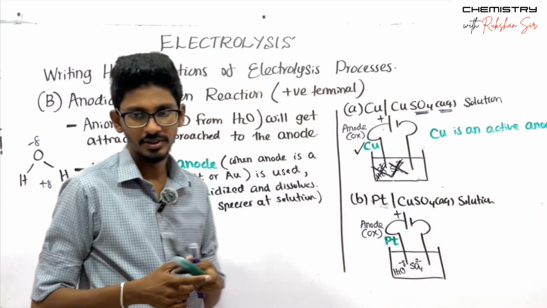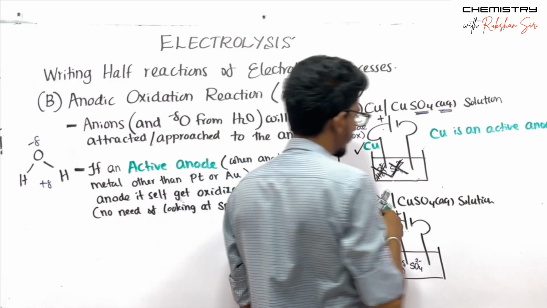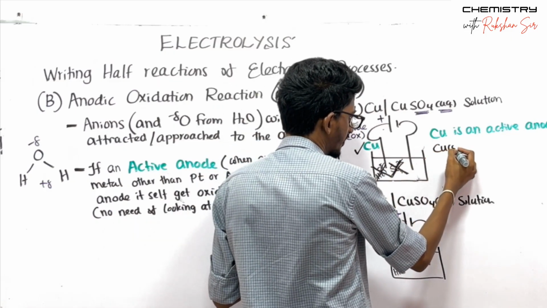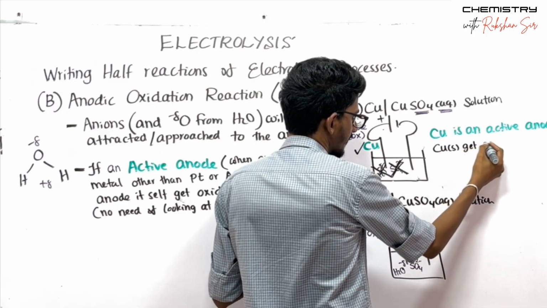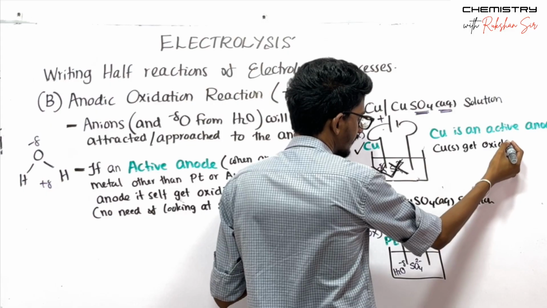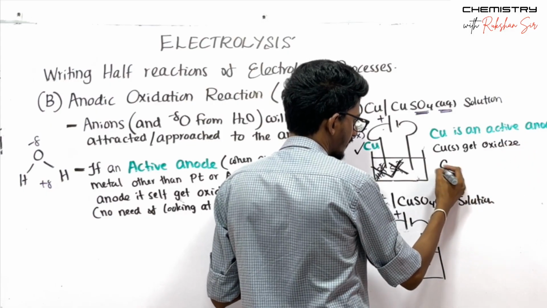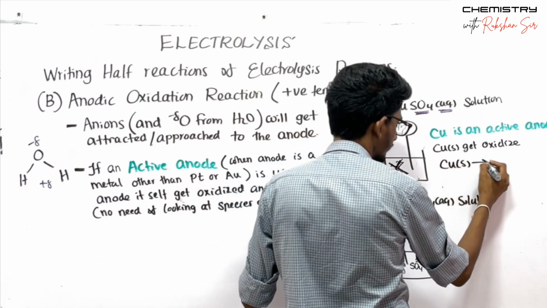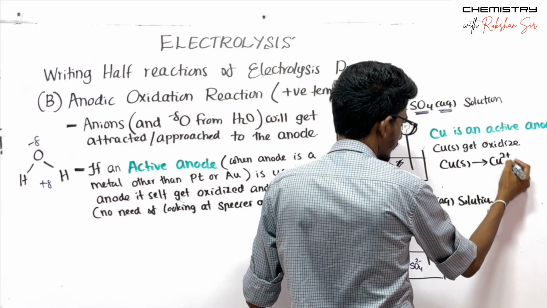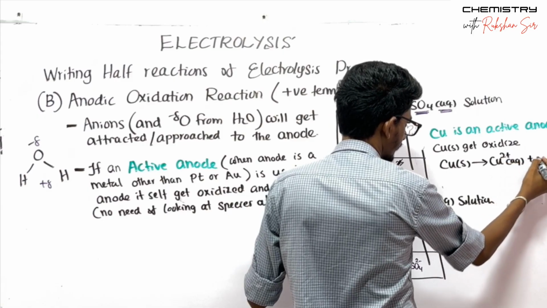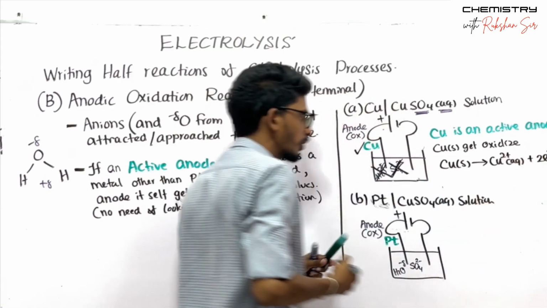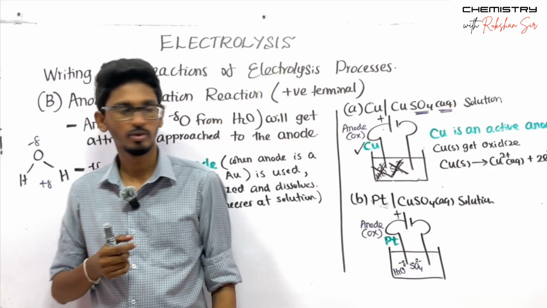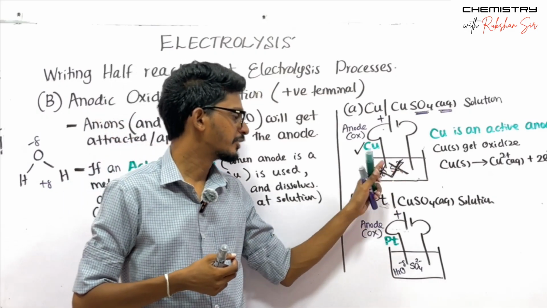Copper is an active anode. So copper solid gets oxidized like this and gets dissolved. The anode will get oxidized and dissolve, so there is no chance for the species in the solution.